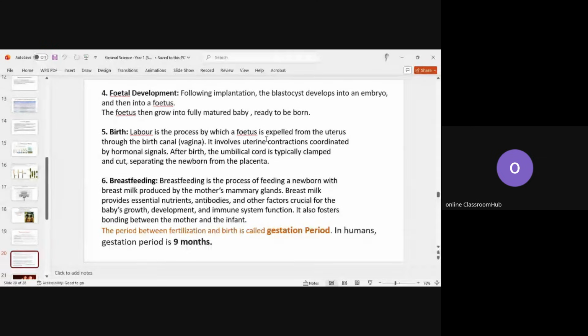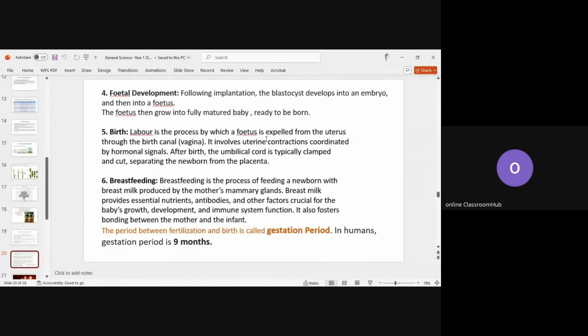And so the fetus is expelled, and that is called birth or labor. So the baby is expelled, is sacked from the womb, and then it passes through the vagina, and then it comes out. That is birth or childbirth or labor. And that is a very painful process, which our mothers go through. And definitely when the female of you also grow, that's what you also pass through.